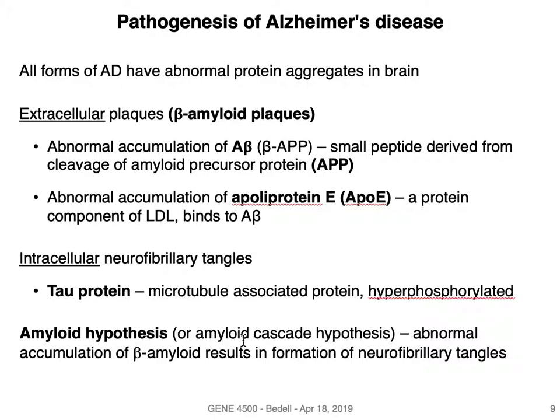I think the first suggestion of this protein came from identifying the genetic basis of one of the familial forms of Alzheimer's. But as we'll see, the 3 Mendelian forms affect the processing of this protein. One is actually the protein, and the other 2 affect the cleavage.